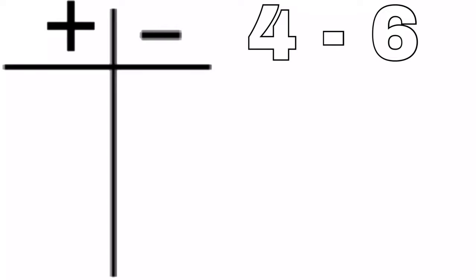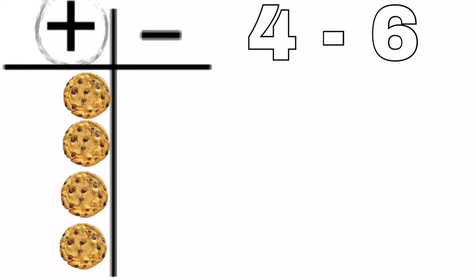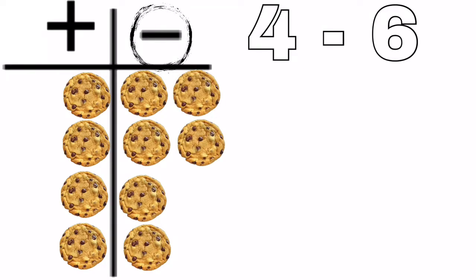So the first thing we're going to do is we see a +4, so I'm going to put 4 cookies in the positive column. Now I see a -6. Well, I'm going to put 6 cookies in the negative column. Now I'm going to look for cookie pairs. Sometimes in class, I'll say to my students, eat your cookies.